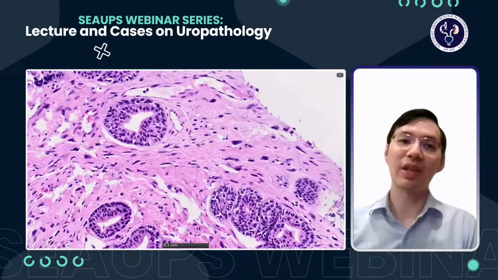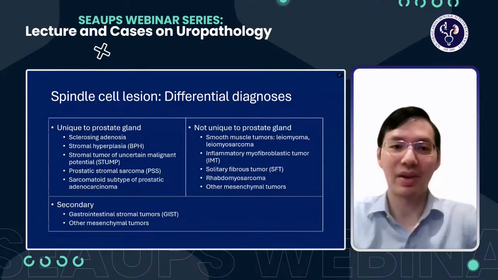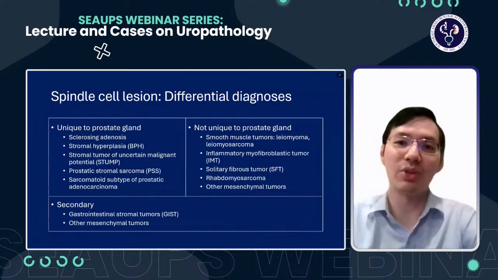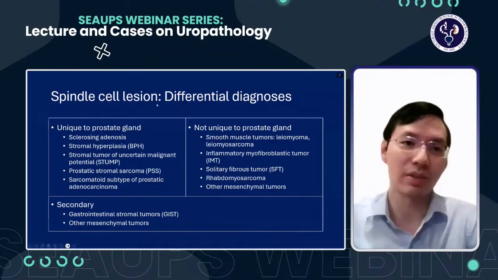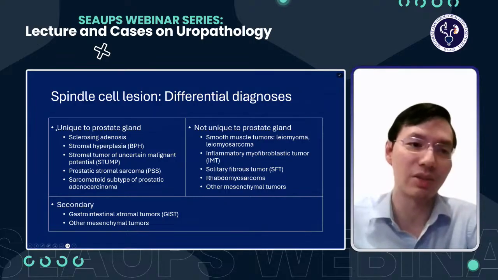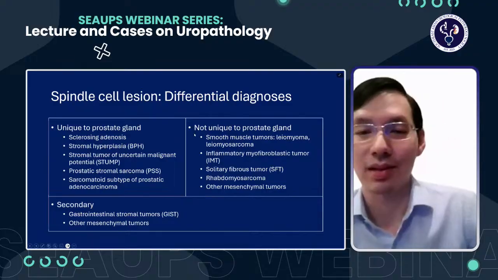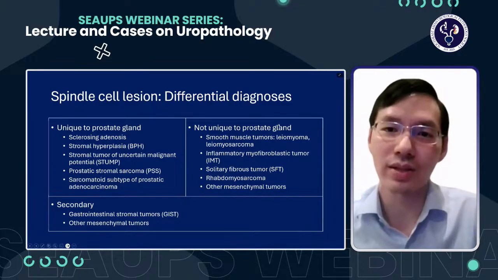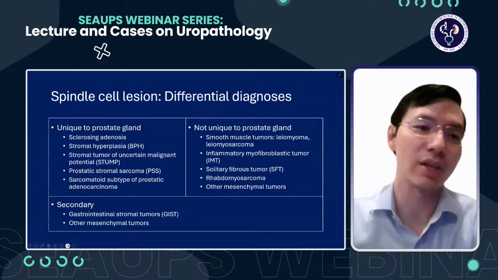So it's a spindle cell lesion of the prostate, and there are three broad categories of differential diagnosis that you have to consider when you see spindle cell lesions. The first group are lesions that are unique to the prostate. The second group are the lesions that are not unique to the prostate, and the third group is secondary tumors involving the prostate.